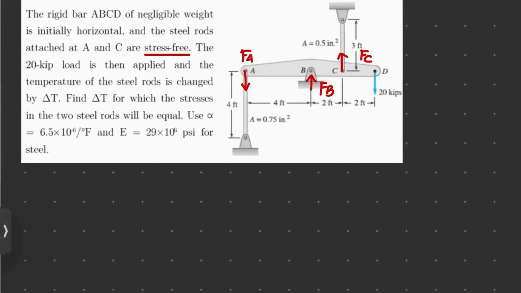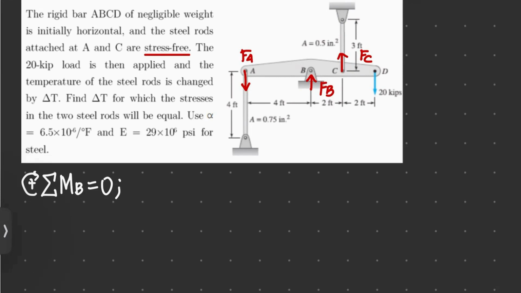So let's first try making equilibrium equations. About support B, with the convention of positive moment in the clockwise direction, the moment about point B must equal 0.